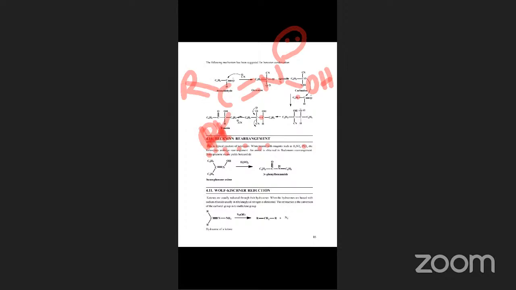Simply we say oxime functional group. If we substitute one alkyl group for the hydrogen, with another alkyl group R, that is known as ketoxime. Clear?